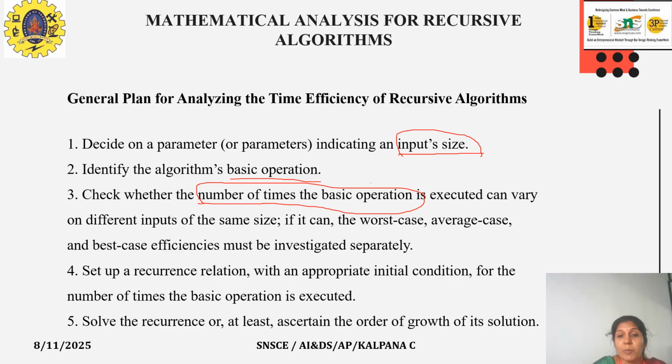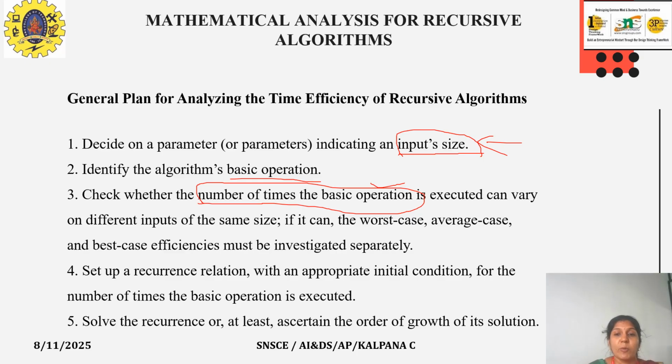That is also important. First, I have to decide the parameter, which means a parameter indicating an input size, and next is the basic operation I need to identify, what type of operation I am going to perform in my algorithm, and then how many times that operation is being executed.